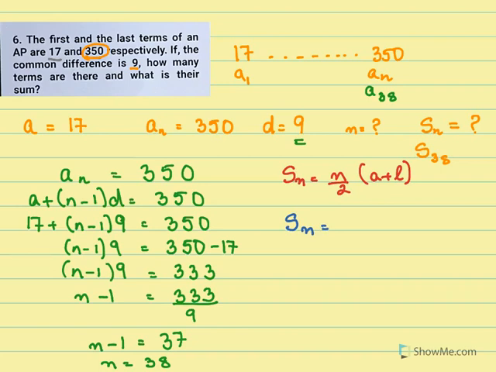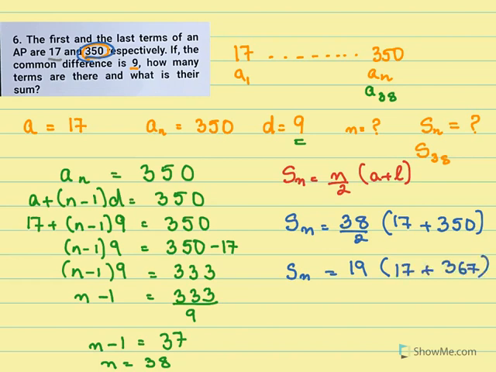Now we need to find our Sn. We know there are 38 terms, n equal to 38 we found out, so this is 38 over 2. We saw the first term was 17 given to us, the last term was 350, it's given in the question very clearly, 350. So my Sn will be 19 here, 17 plus 350 is 367.